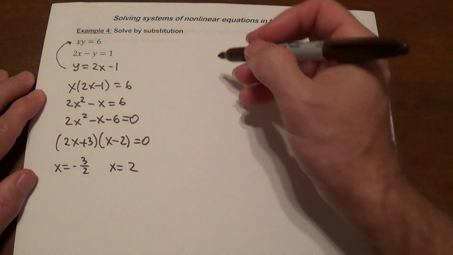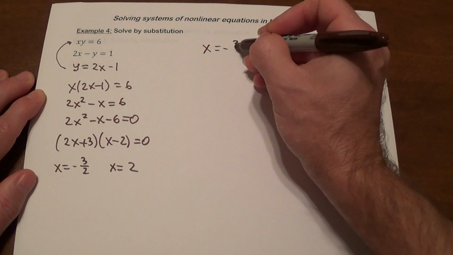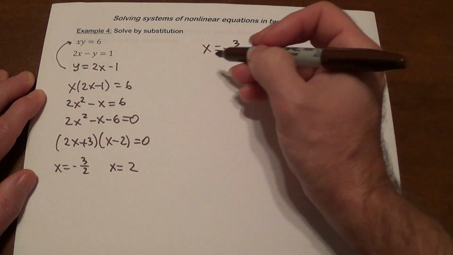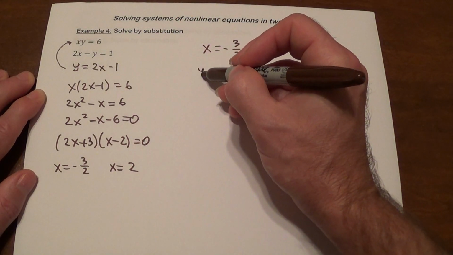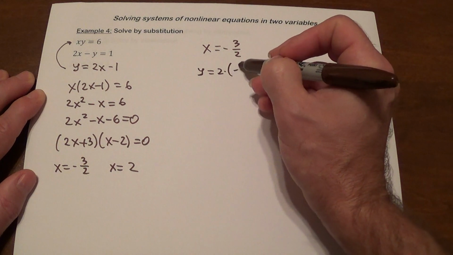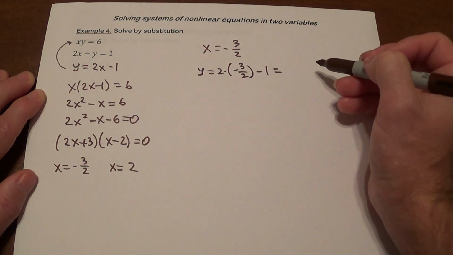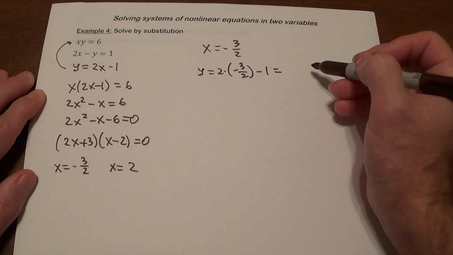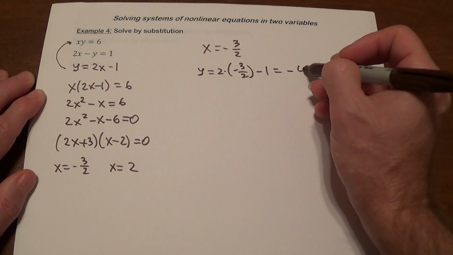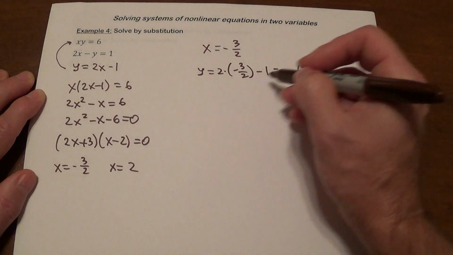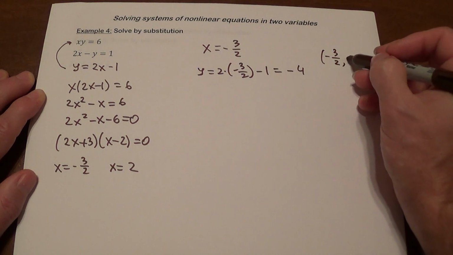So take each one of these numbers and substitute into this equation here. We're going to get y = 2 times −3/2 minus 1, which gives us −4.